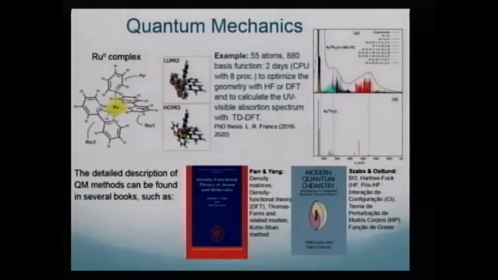So if you have, for example, 1 million configurations that you generated, you can calculate how long it takes for your system to lose the memory and have a statistically independent configuration. So typically in molecular dynamics, we select one configuration per 1 picosecond, okay? So if you want to have 100 configurations, at minimum you should have at least a 100 picosecond simulation. Okay, so this is the idea.